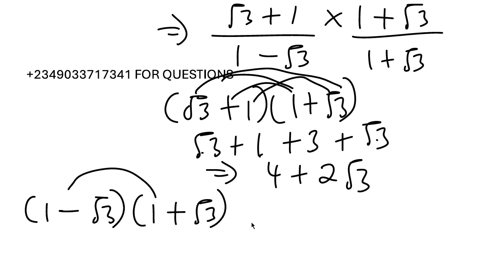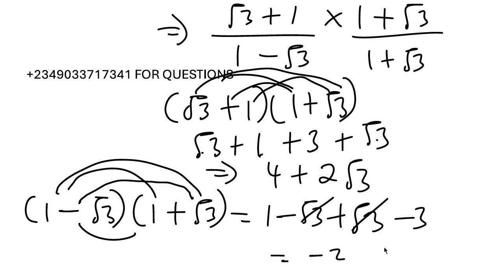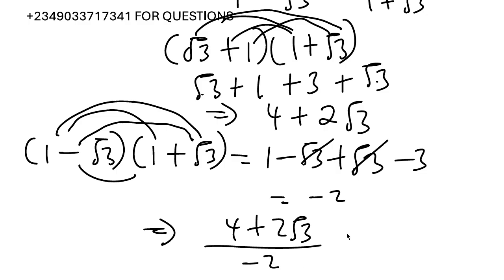And then this times this is 1. This times this, that's negative root 3. This times this, that's positive root 3. And negative root 3 times root 3 is going to give us negative 3, right? And this cancels this, and then you have negative 2. So numerator, on simplification, we had 4 plus 2 root 3, and then divided by negative 2.